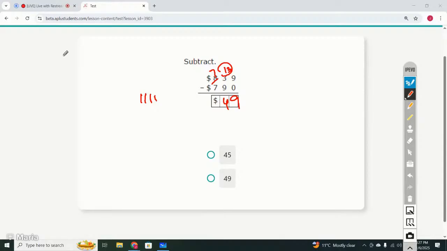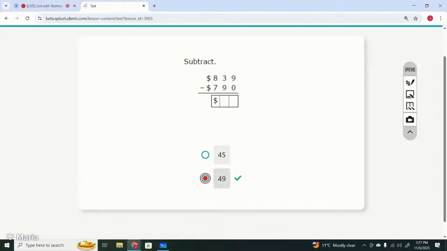The correct option is $49. Option number 2 is the correct option. $49 it is.